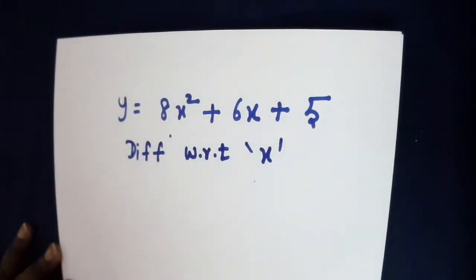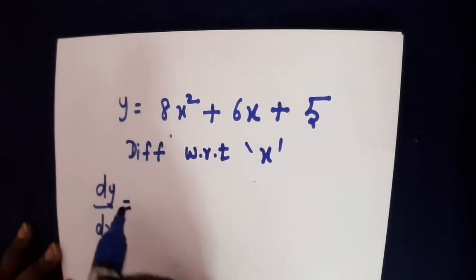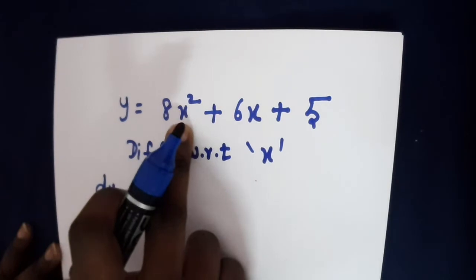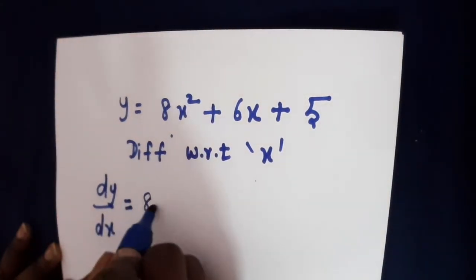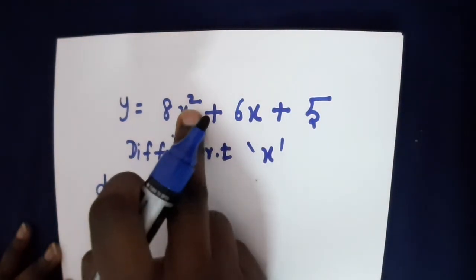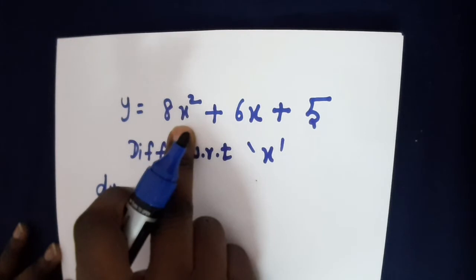Okay, so when you differentiate, what will we get? Differentiate with respect to x. What is differentiation of y with respect to x? dy by dx, which is equal to, we have to differentiate 8x square. Apply the first basic rule. 8 is a constant, keep it as it is. 8 times, okay, what is the power rule? Tell me, anyone can tell me? Exactly, differentiation of x to the power n is equal to n times x to the power n minus 1.